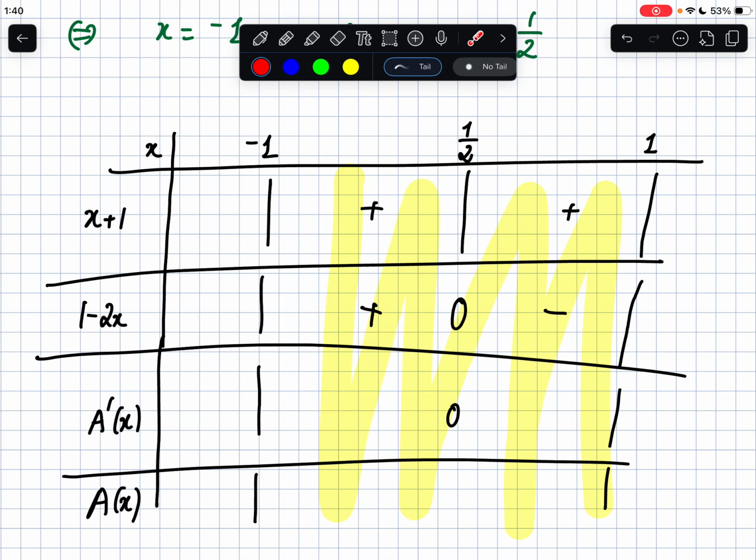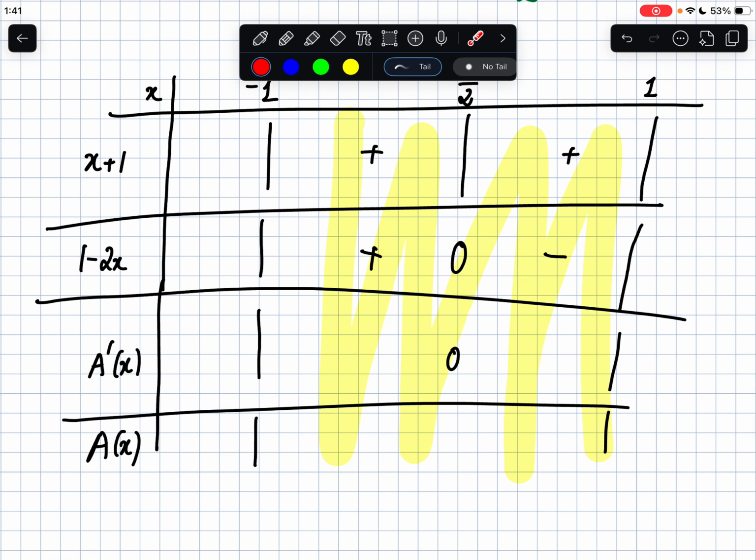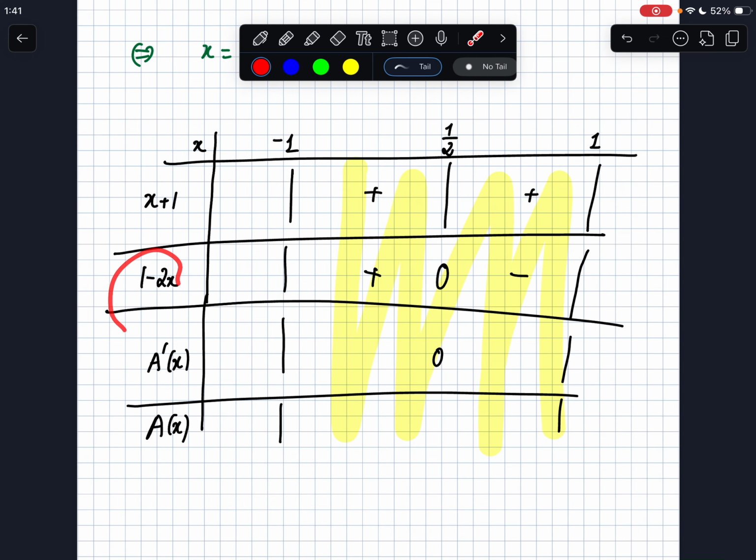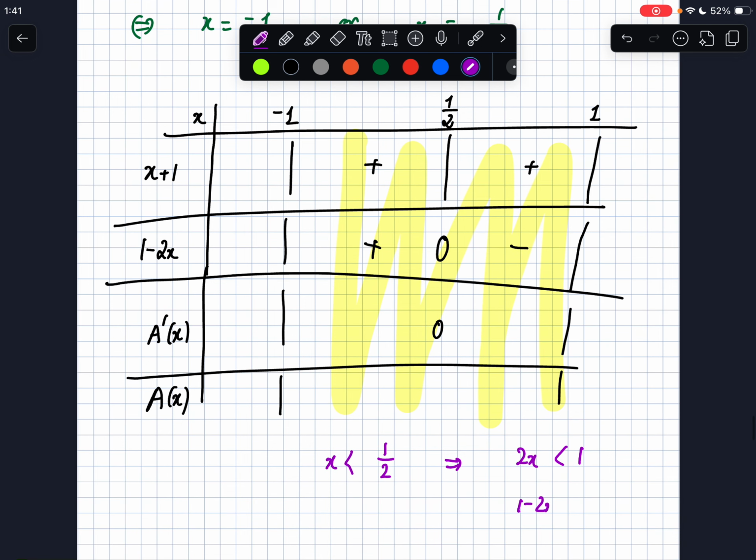On the left is opposite, on the right is agree. Anyway, you don't need to know that. You can look at x: for example, if x is less than 1/2, 2x is less than 1, so 1 minus 2x is positive. That explains why positive here. Similarly you can do the negative.